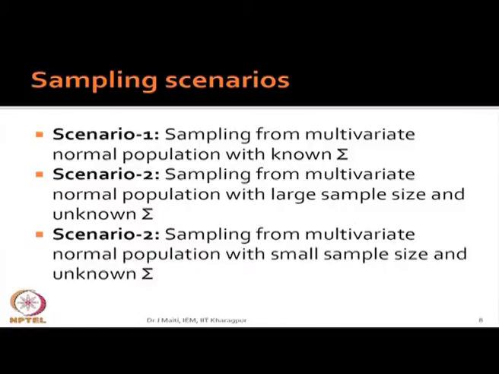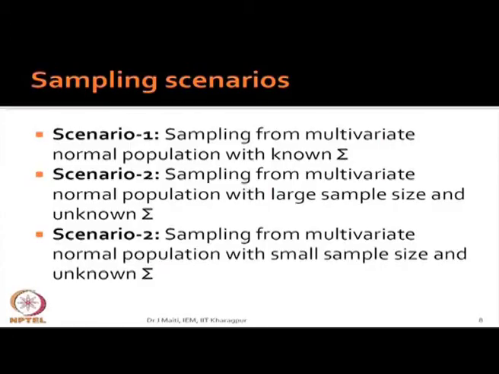There are more cases also. Suppose sampling from a non-normal population. What is the guarantee that your population will always be multivariate normal? It can be non-normal also.